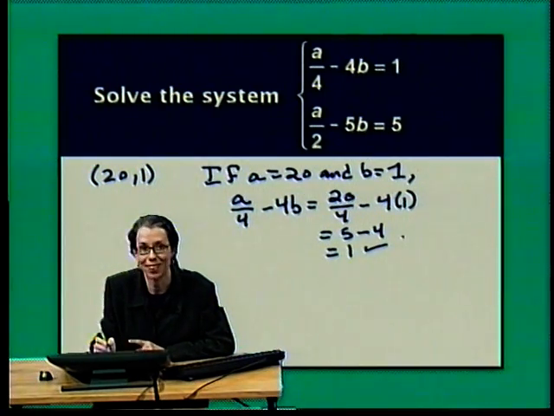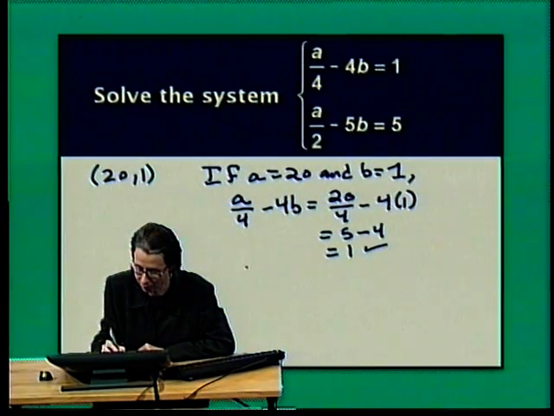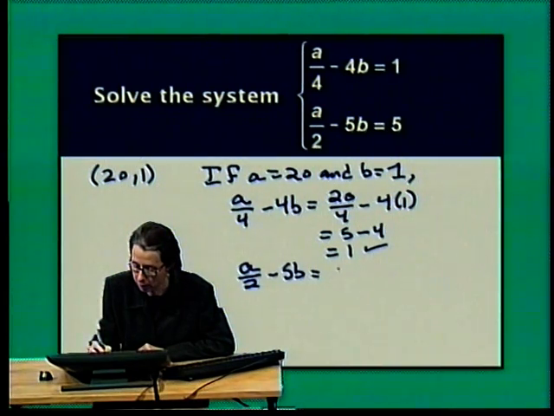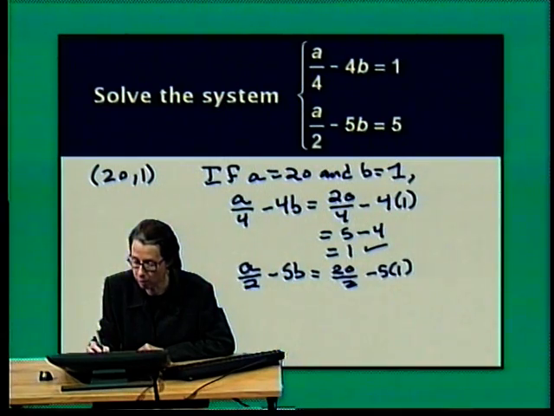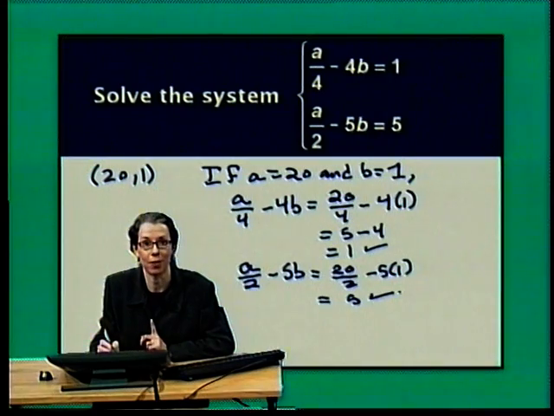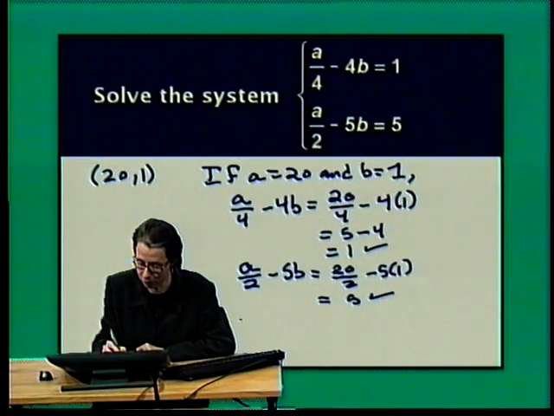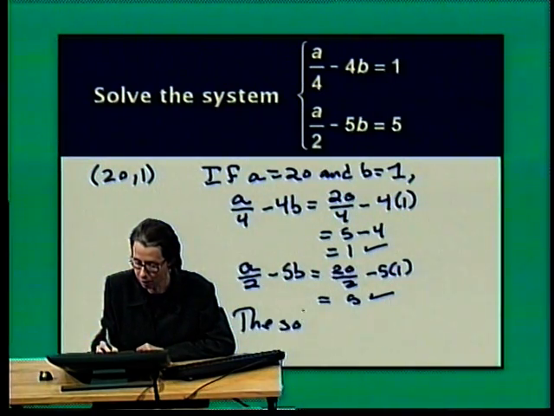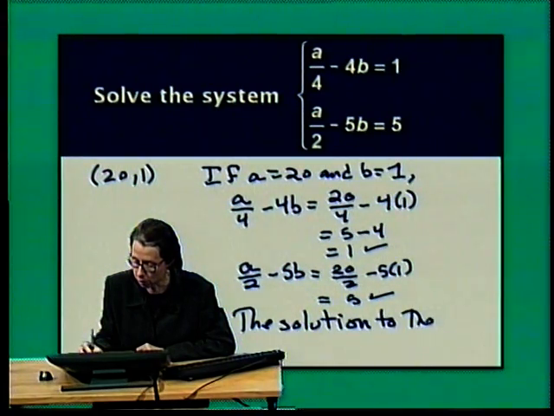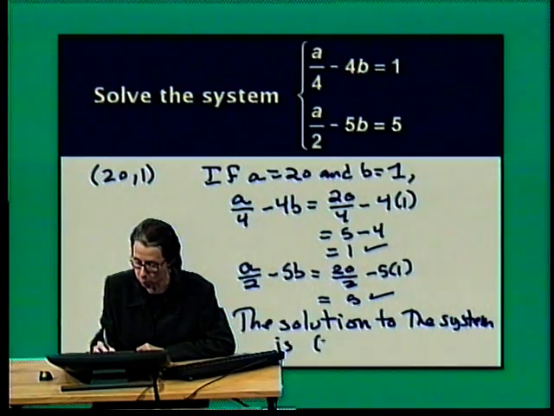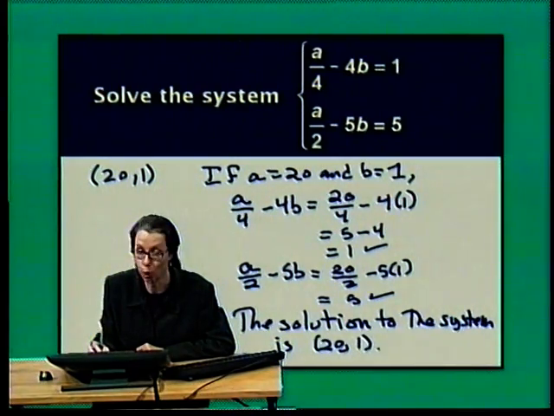That's good. Let's check the second equation. a over 2 minus 5b, that's 20 over 2 minus 5 times 1, that's 10 minus 5, which equals 5. That's what we wanted. So we have the solution. The solution to the system is the ordered pair (20, 1).